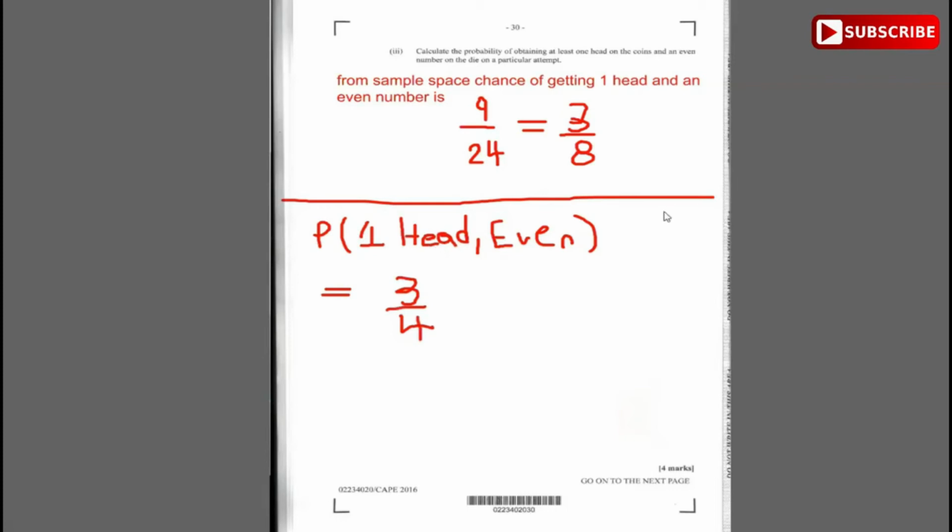Getting at least one head, you can either get tails, or you can get head, or you can get tail, so at least one head is going to be 3 out of 4.